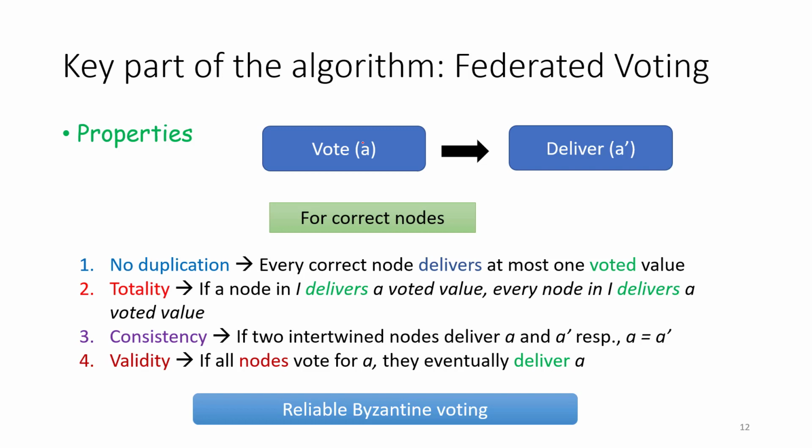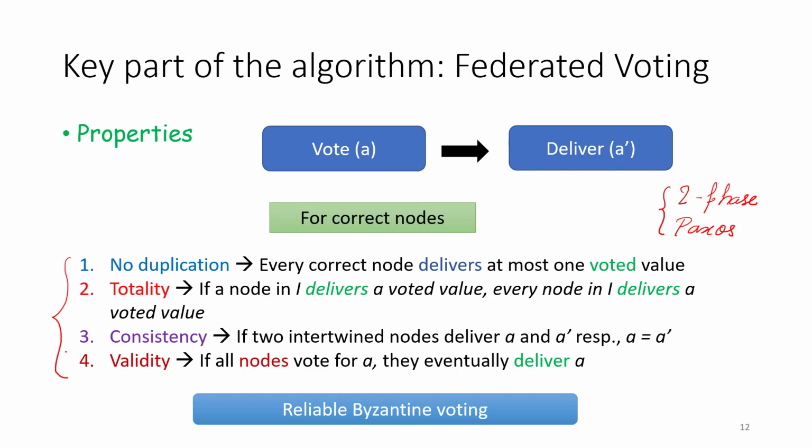It doesn't matter. There are two phases. I would like to request the viewers to look at two-phase commit, and also at the Paxos algorithm, because that also has two phases and it is quite similar to this part, where you vote and you deliver.